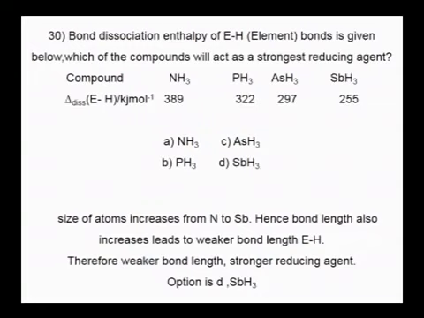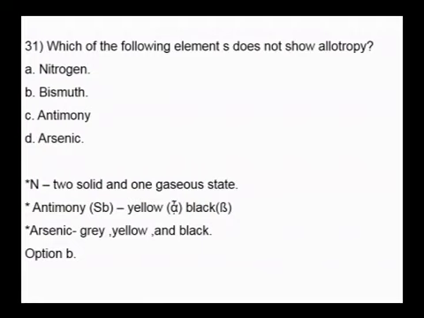And also size of the atom increases from nitrogen to bismuth. As a result, the bond dissociation enthalpy decreases. Therefore, the option is SbH3. Let us see the next question.